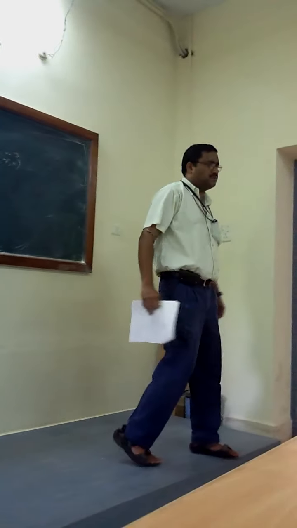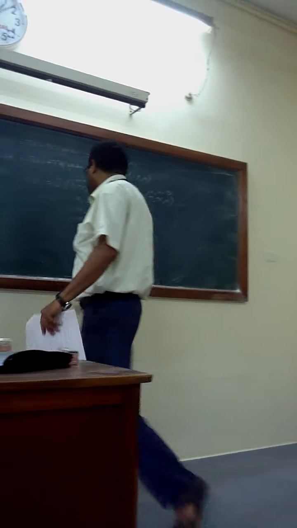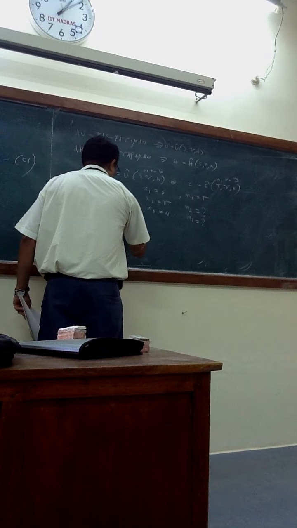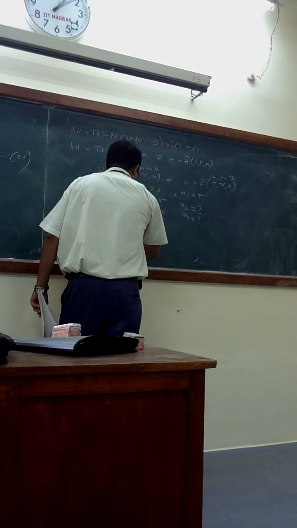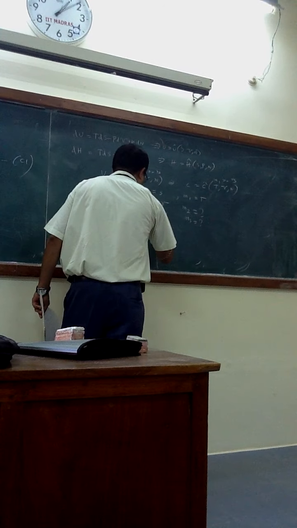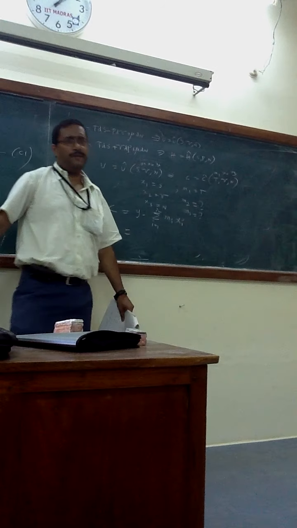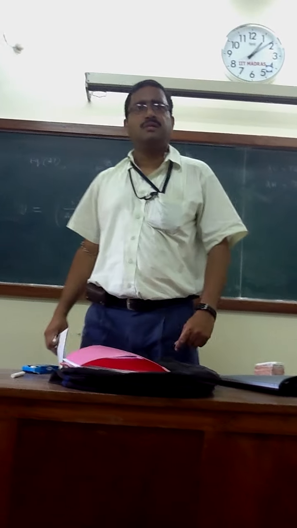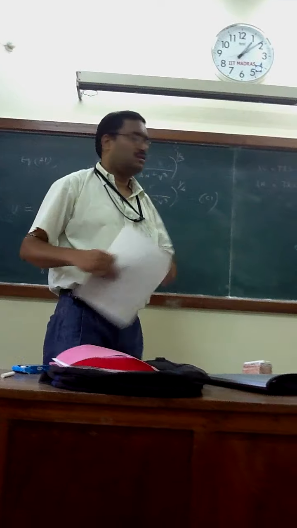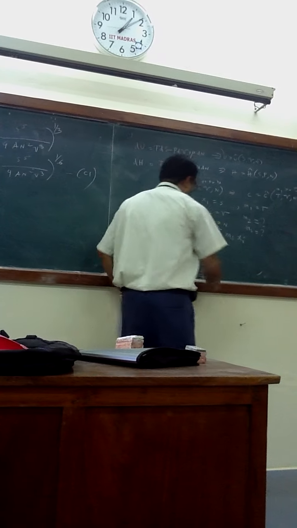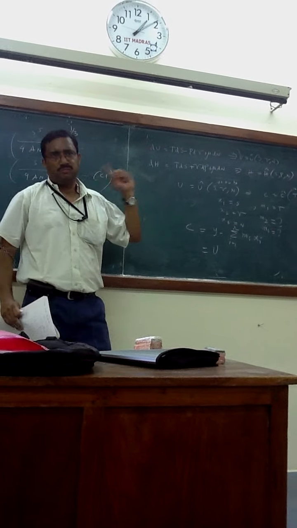Finally, the defining equation: A equals Y minus summation i equals 1 to r of m_i x_i. What is Y? Yes, U. How many r? R is 1.